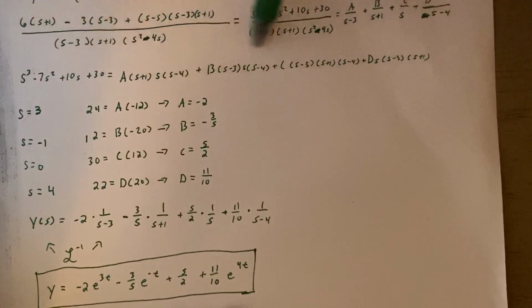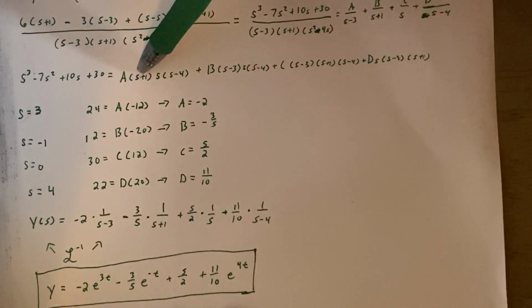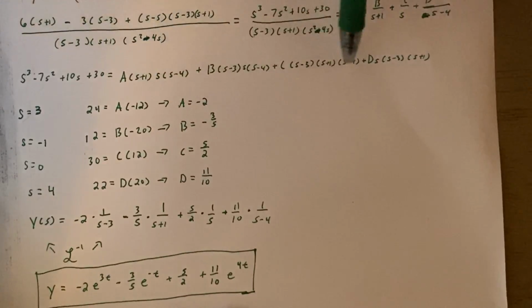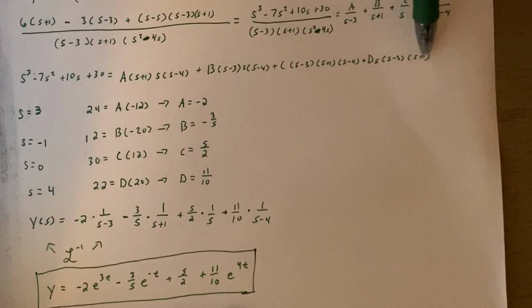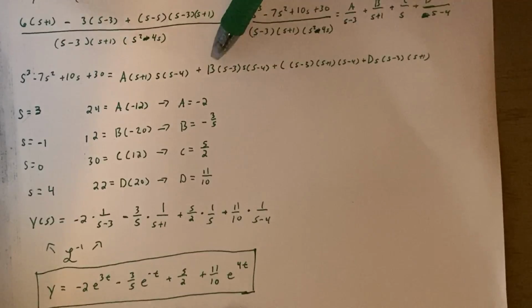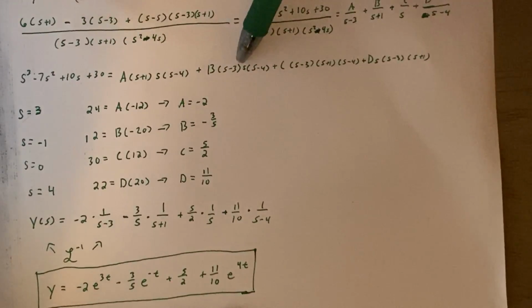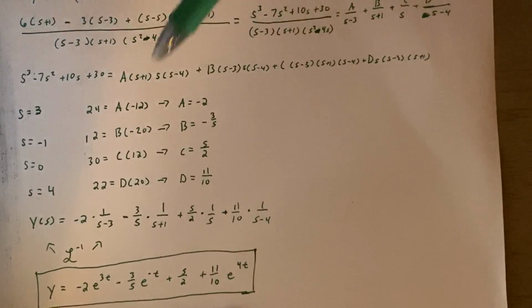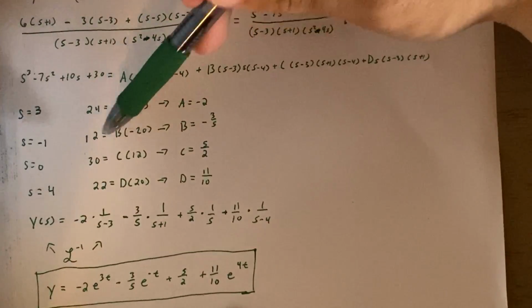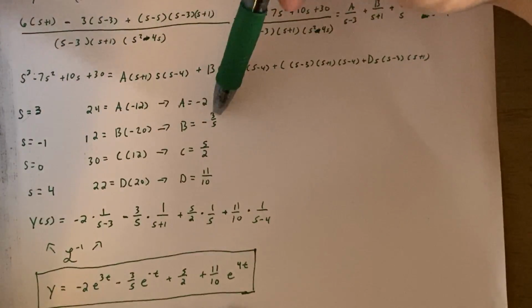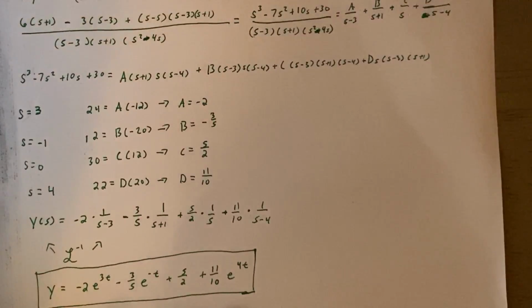When I plug in -1 on the right-hand side, the only term I'm going to have is b, because s plus 1 at -1 gives me 0, gives me 0, gives me 0. So the only term I'm now looking at is b. Plug in my -1. -1 minus 3 is -4. -1, -5, -4 times -1 times -5 is -20. So solve for b, divide 12 by -20, I get -3/5.